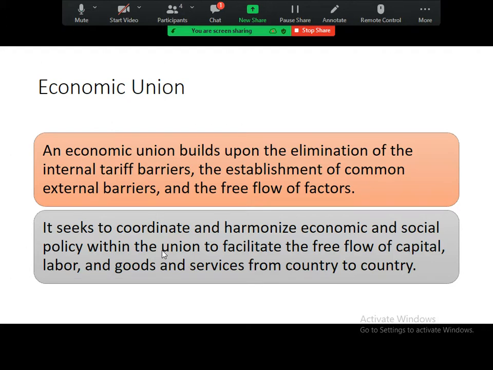The full evolution of economic union would involve the creation of a unified central bank, use of a single currency, and common policies like agriculture, social services, welfare, regional development, transport, taxation, competition, and mergers and acquisitions, and so on.